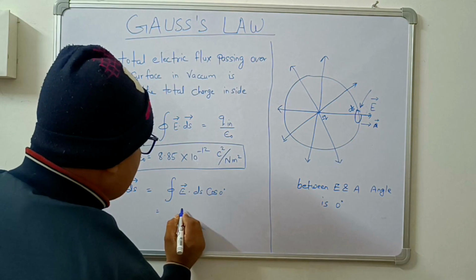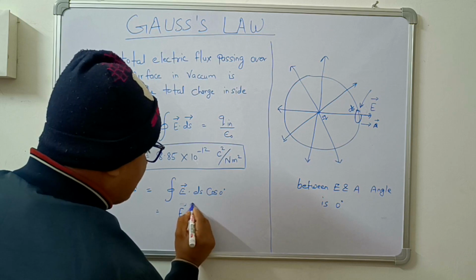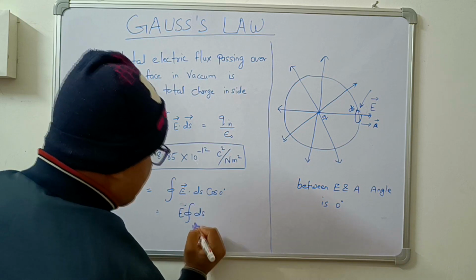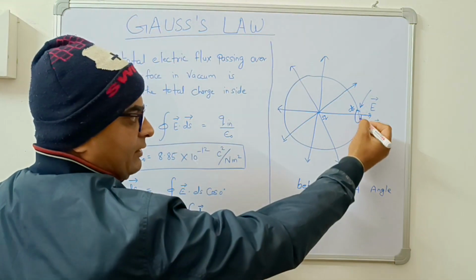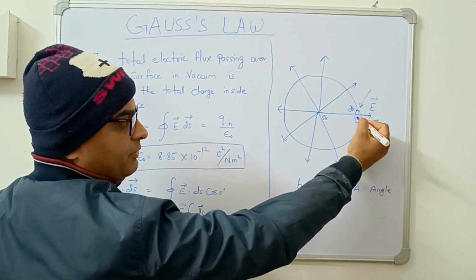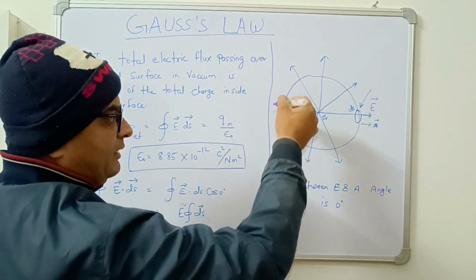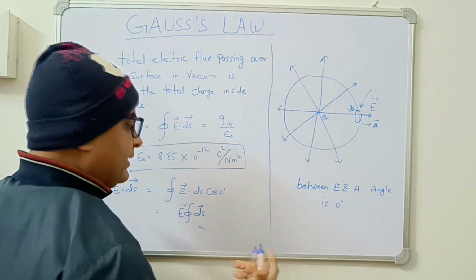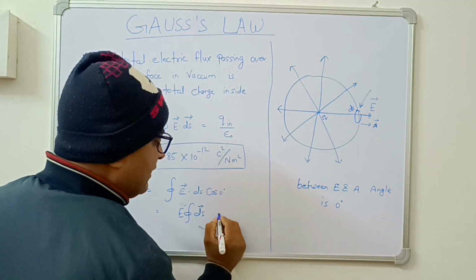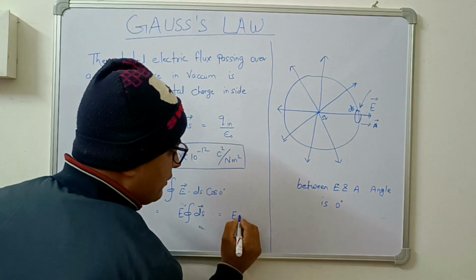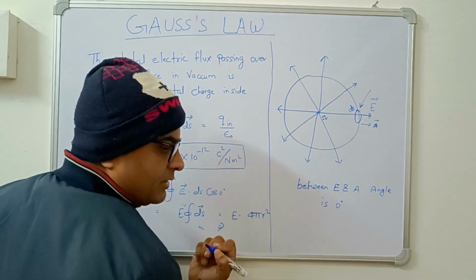Since E is constant, you can place E outside the integration. This ds is the small area element, which is radially outward. As you know, this is a closed surface, and the total area of this closed surface is 4 pi r square. What is your E?